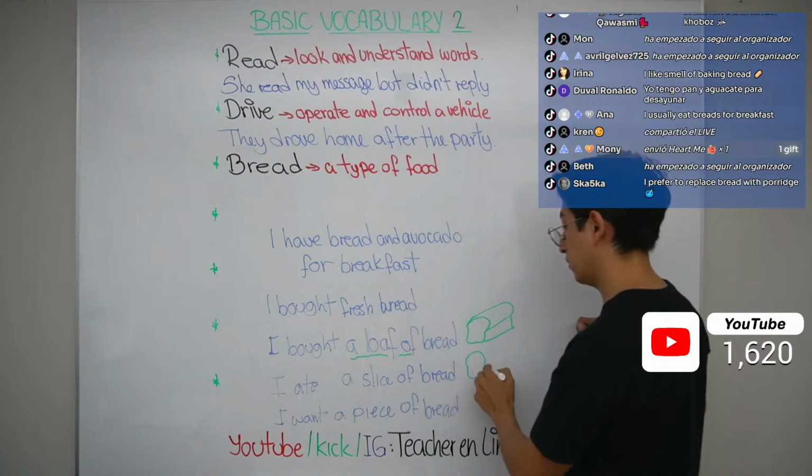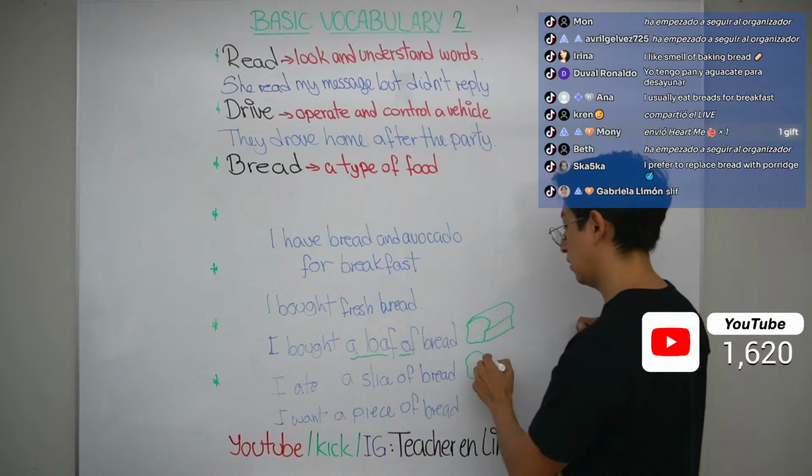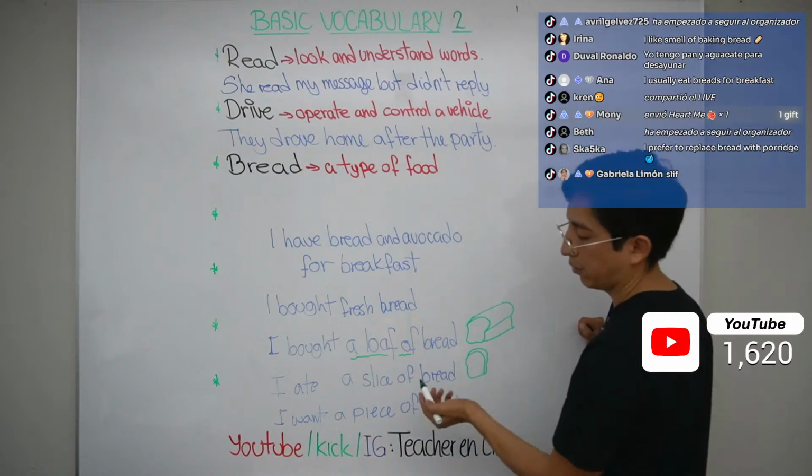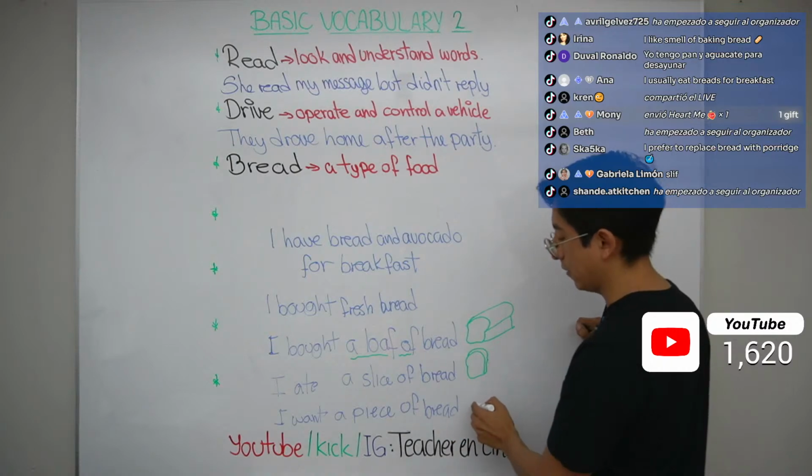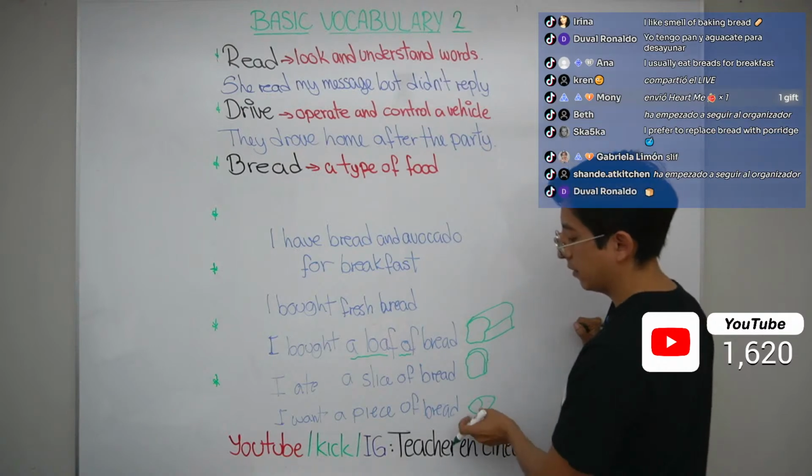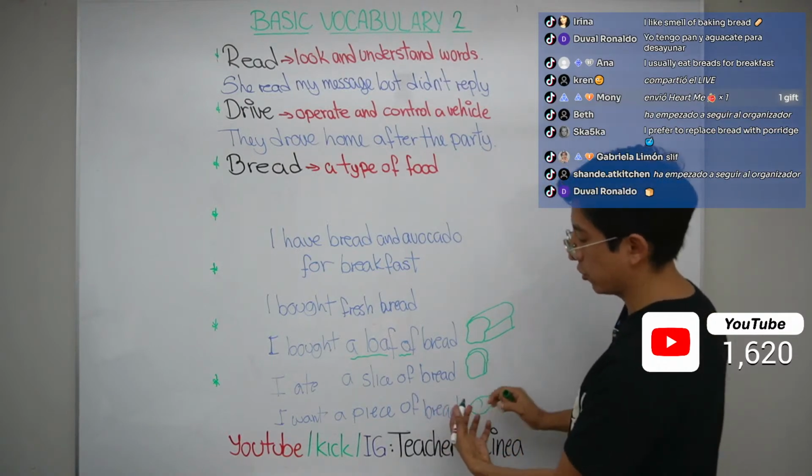Okay, something like this. This is a slice of bread. And a piece of bread is something that we know more in Latin America, right? This is just a small portion of bread.